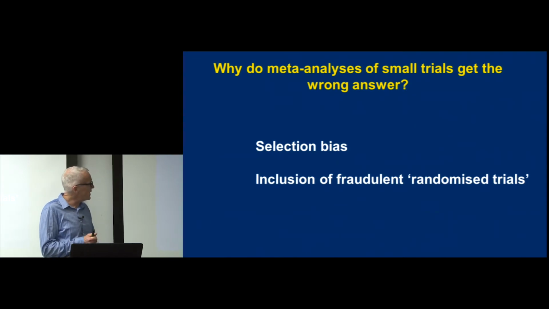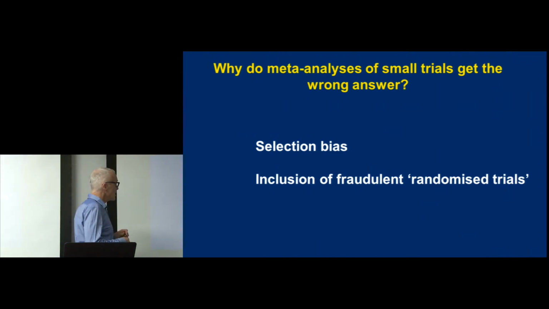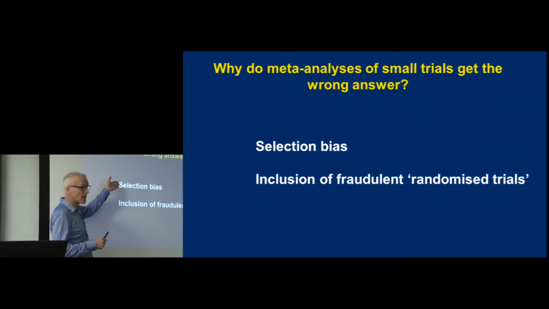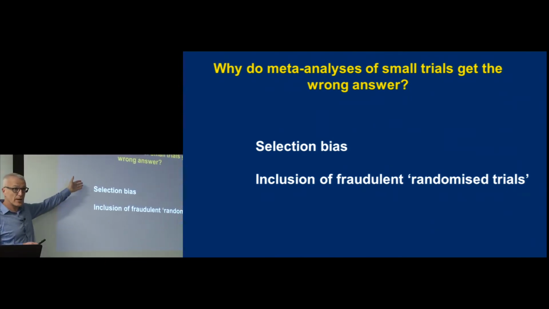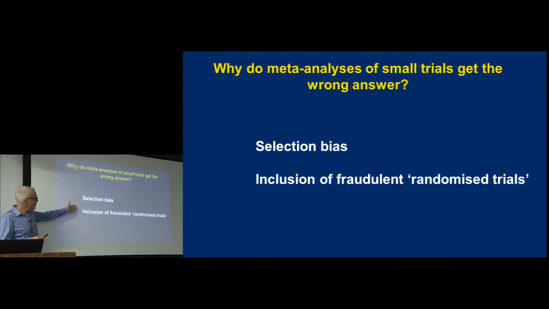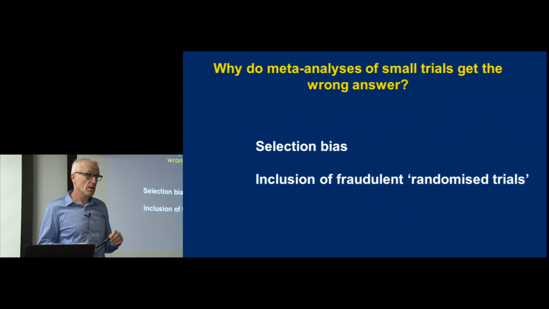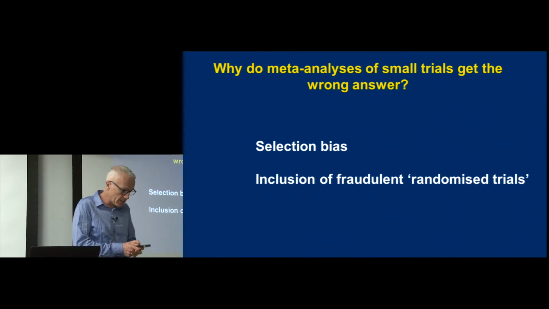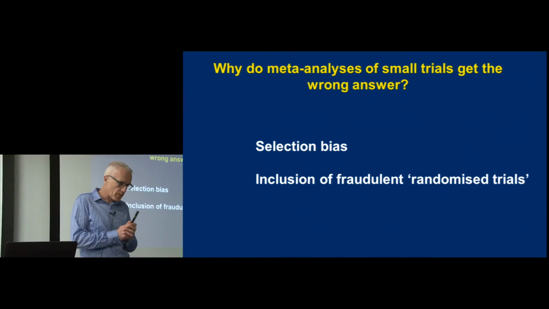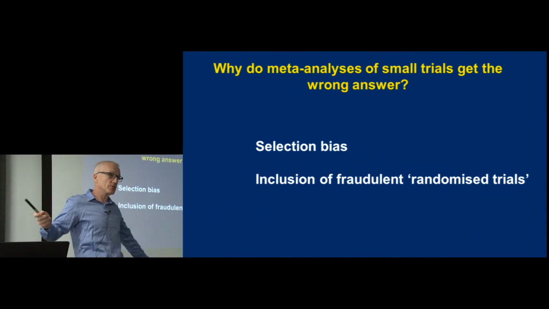So why do meta-analyses of small trials often get the wrong answer? I think the most likely reason is selection bias and the inclusion of fraudulent randomized trials. I think that single-center trials, done in a single hospital, are more likely to be fraudulent than multi-center randomized trials.